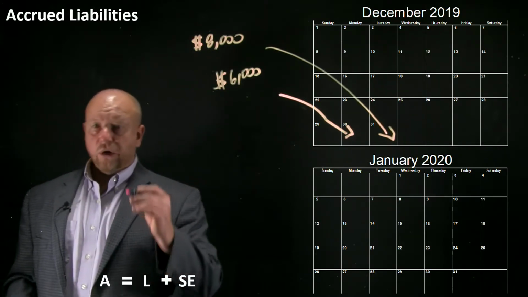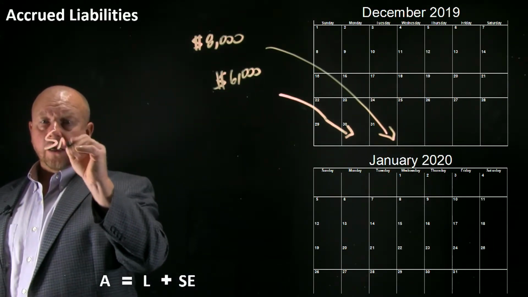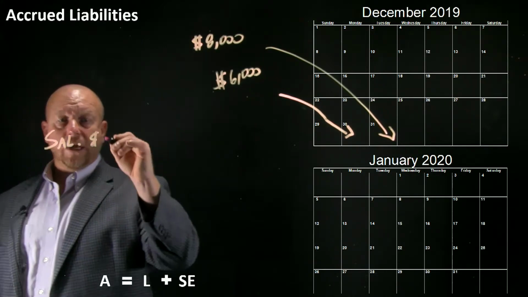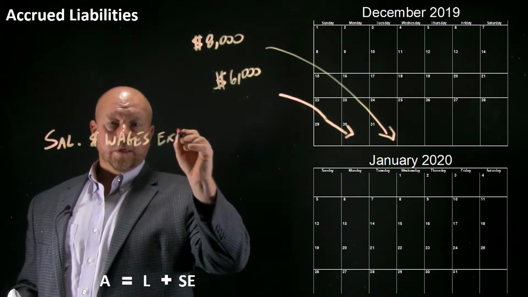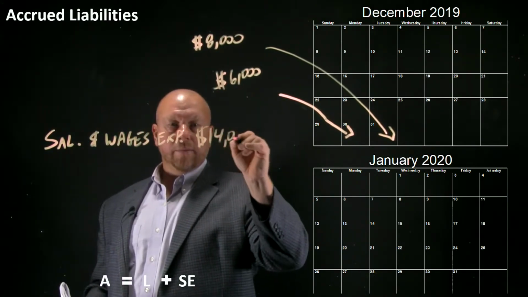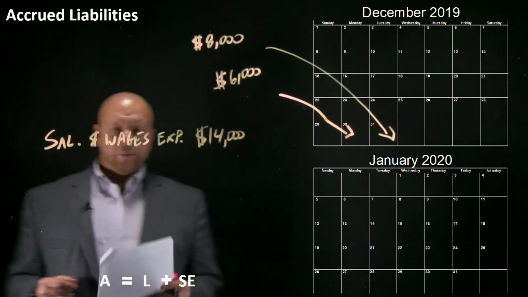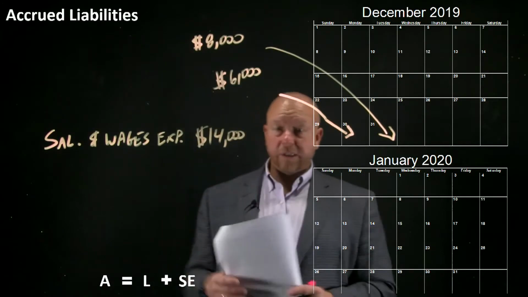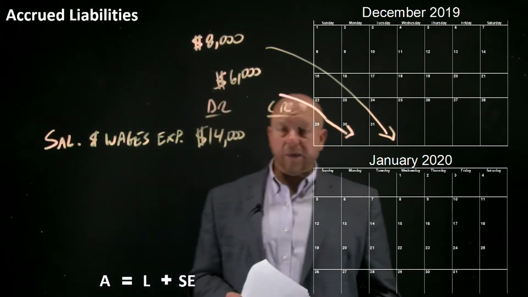Well, what we're going to do, let's just start off with this. So the debit entry, I'm going to call it salaries and wages expense. Some companies might call it something different, and you might have multiple general ledger accounts, but you get what's going on there. This debit right here will place that expense onto the income statement.